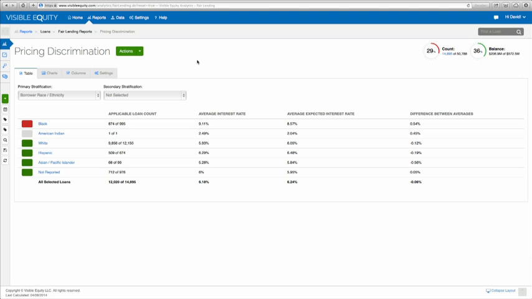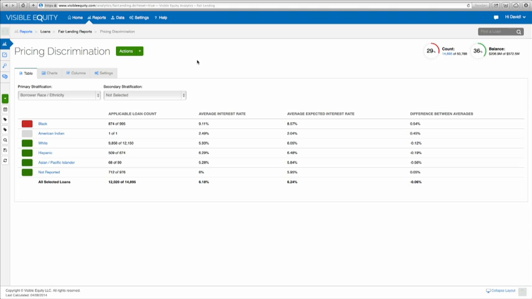But we're specifically able to take information that you do have from your loan applications and loans and then produce reporting that will break this down into ethnicities. Specifically, address, zip code, first and last name, and other factors are able to help us determine the ethnicities of the borrowers. Once we do that, then we're able to look at that from the perspective of is there pricing discrimination occurring across any of the protected classes.